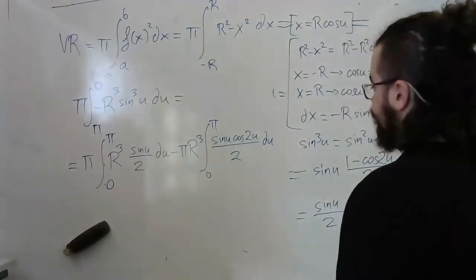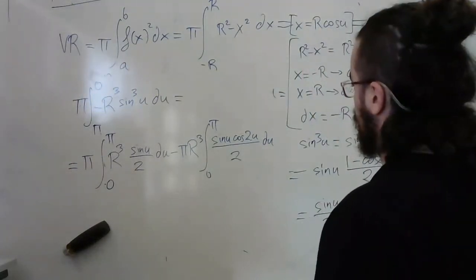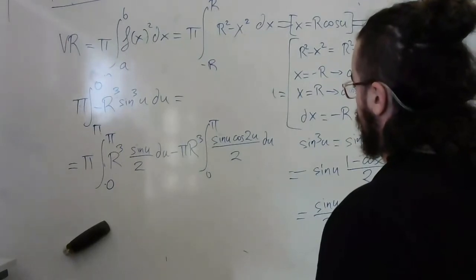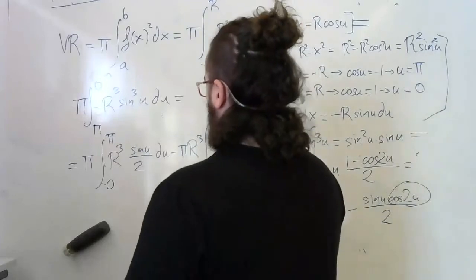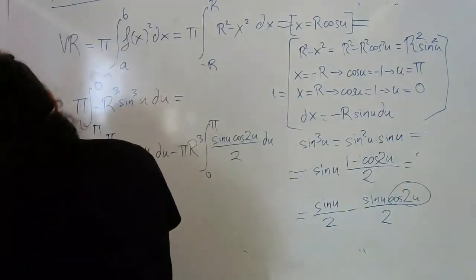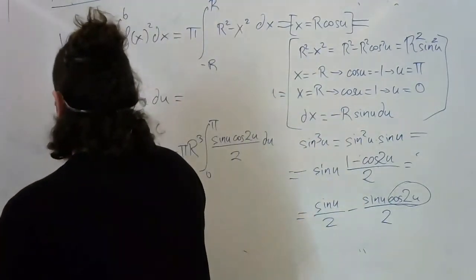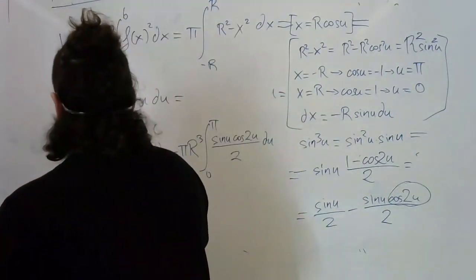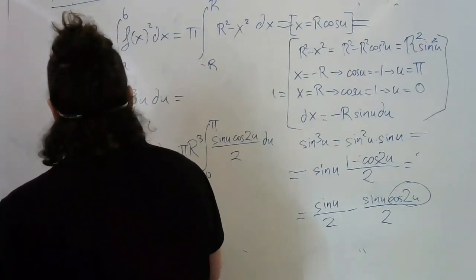Okay. Now, this one is immediate. This is minus pi r squared divided by 2 cosine of u between 0 and pi.